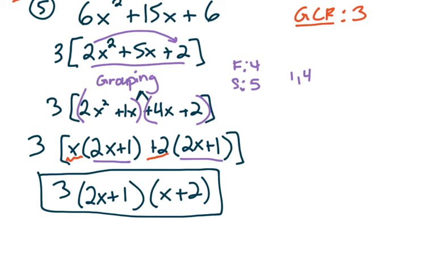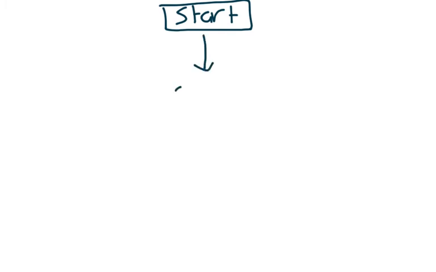So let's summarize our different factoring methods. And we're going to kind of make a little flow chart. So when we start factoring, our first step in factoring is to always check for a GCF.